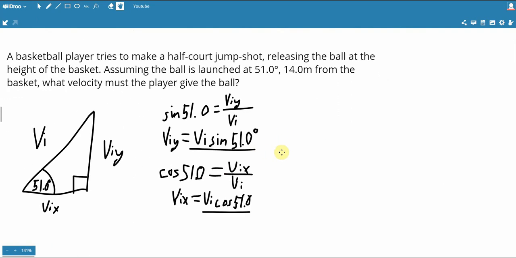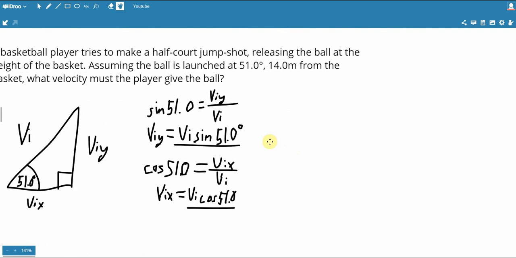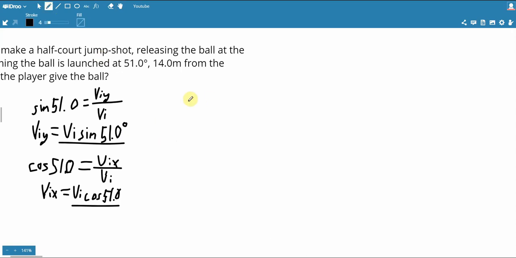So in this case, when we don't have the VI, we use the formula d equals VIt plus 1 over 2 at squared. And since we're looking at the vertical, we change this to dy and VIY. And you can also put AY, but that's just g.